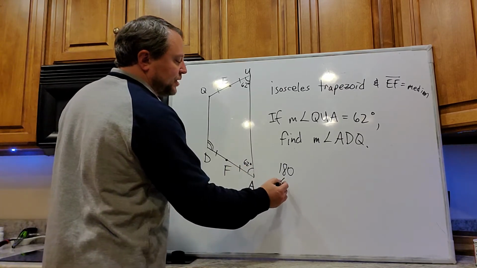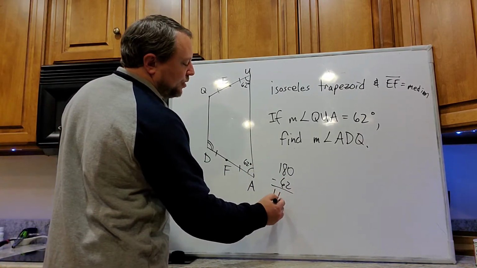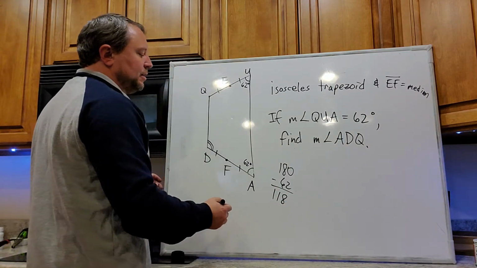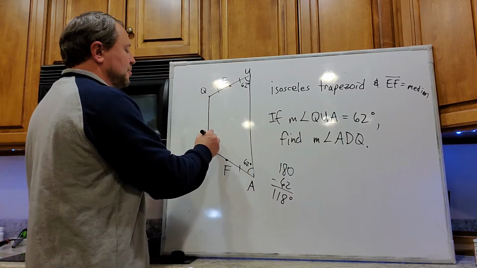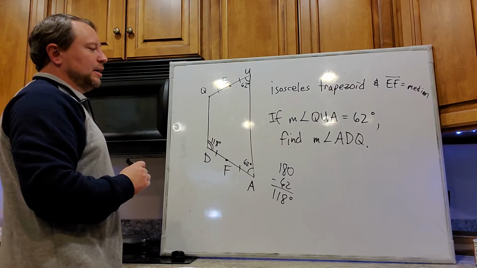So if I take the 62 away from 180, that's going to leave me with 118 degrees, and that's the measure of the angle we're trying to find here, that angle D there, ADQ.